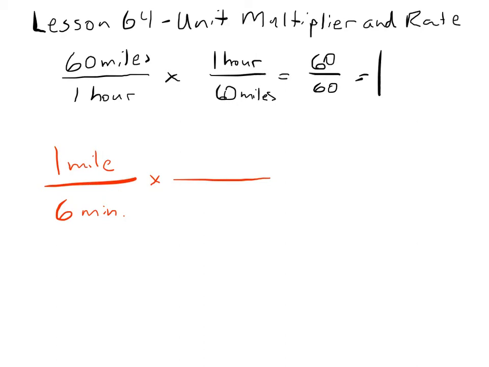So I want to keep the miles on the top, and so I look up here at the top, and it's going to be minutes instead. And I want minutes to cancel out, so I'm going to put 60 minutes up here per 1 hour.